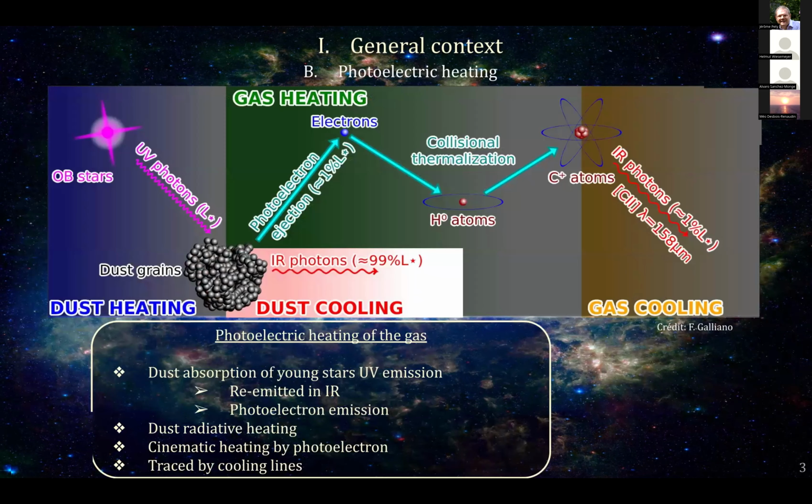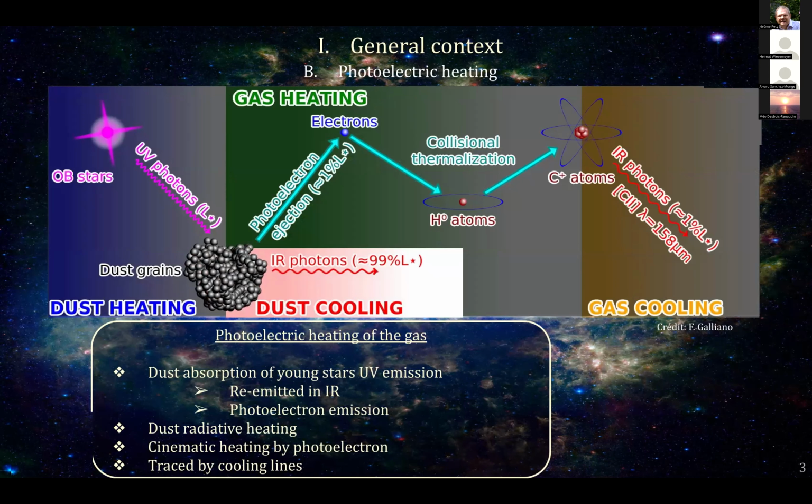The photoelectric heating comes from the UV light of young stars, which is going to be absorbed by dust grains and hit the dust grain. And then the dust grains are going to cool down, emitting in infrared. But a small part of the UV light, at contact with the grain, causes the emission of an electron.